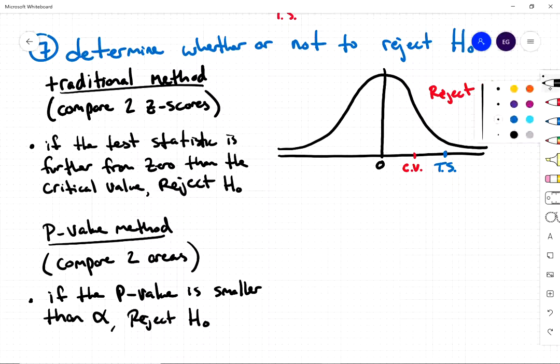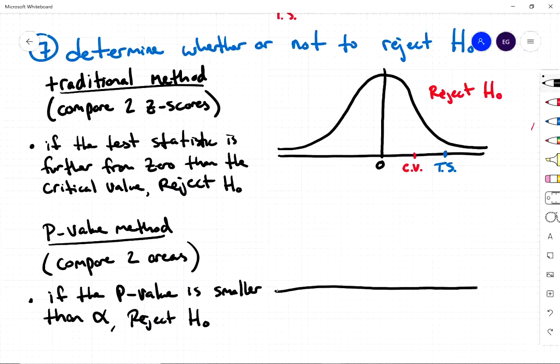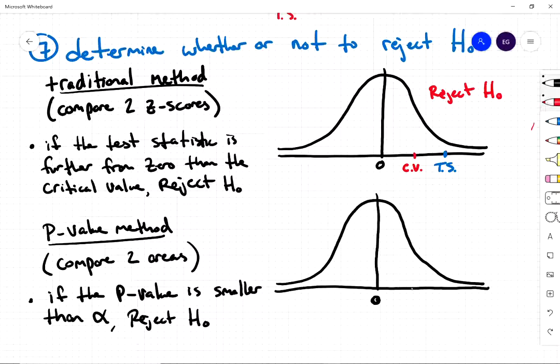I'm going to redraw the exact same graph. I'm going to put the critical value and the test statistic in the same place. Here's the center of the graph. That's 0. Here's the critical value. And over here, let's put the test statistic right here. Okay, now the area outside the critical value, that red area, that's alpha.